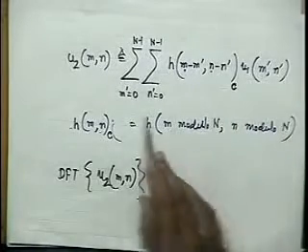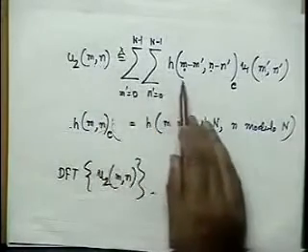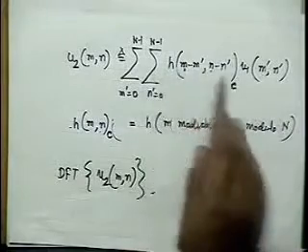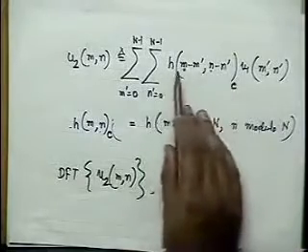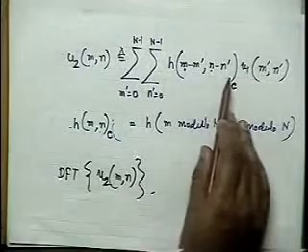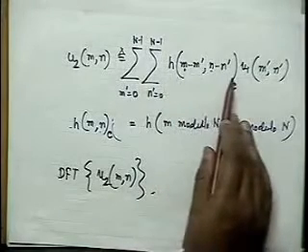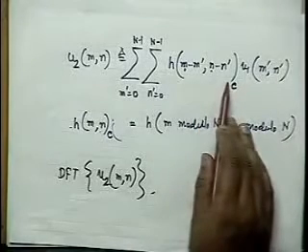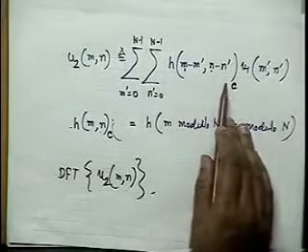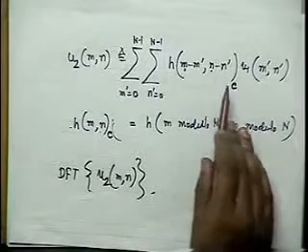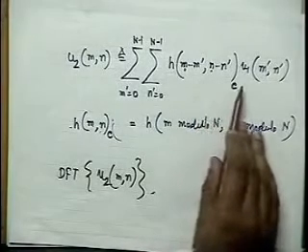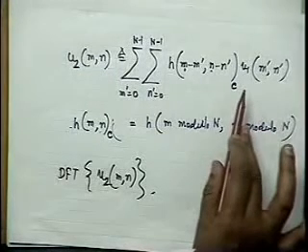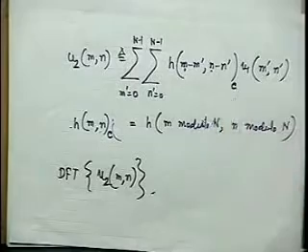With respect to mn, the DFT that we are taking is on this circular function h of m minus m prime, n minus n prime, and the other function remains as before. The DFT of this is simply the DFT of h mn, with the term W to the base N, m prime k plus n prime l remaining outside.